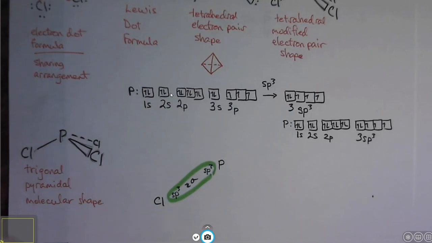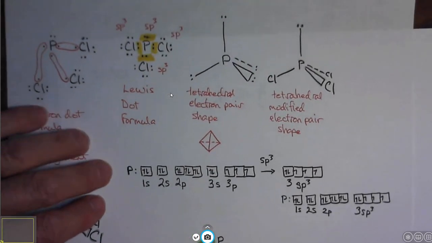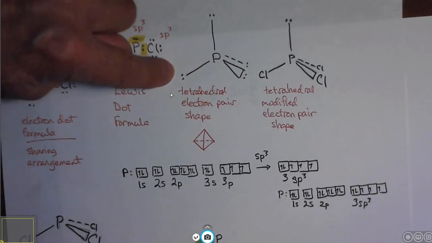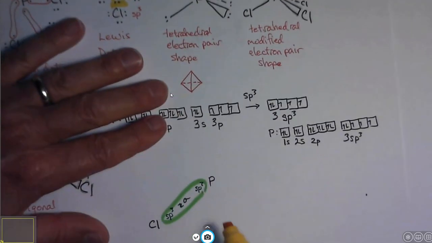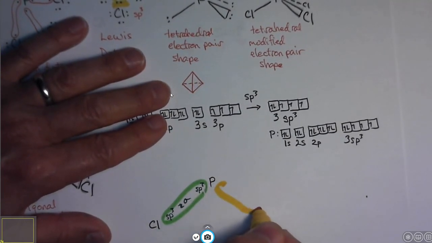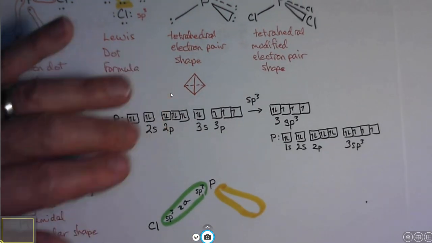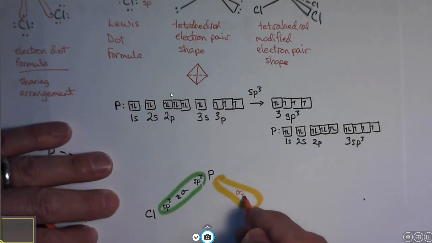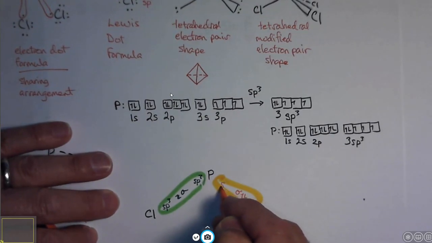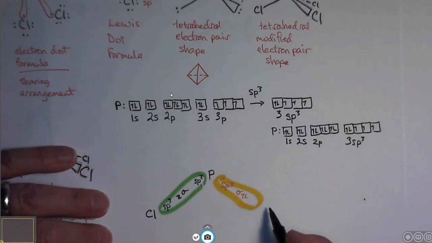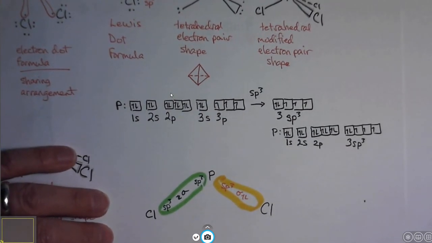Then I've got a sigma bond that's kind of coming out toward me. There are 3 sigma bonds. One's on the paper, one's coming in front, one's behind. I'm trying to show an orientation that's coming out toward us here. That's a sigma bond, 2 electrons, sp3. And the chlorine's out here, and it's sp3.